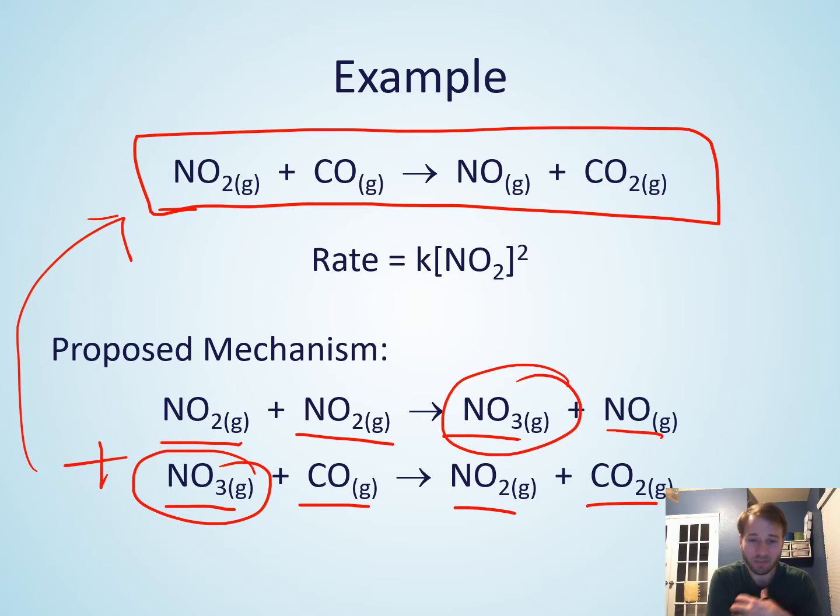The elementary steps that make up your reaction mechanism better add up to give the overall chemical reaction. Otherwise, it is not a valid reaction mechanism. And the rate law, sorry, is given by k[NO2] squared. We'll talk in just a minute in this video about how we determine the rate laws from reaction mechanisms.